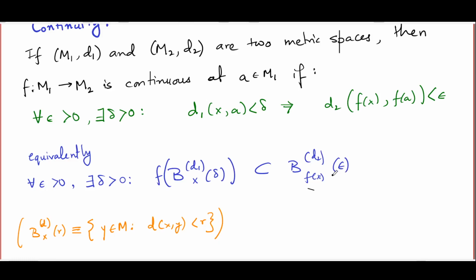Of course, this open ball has to be according to the metric d2. And just to remind you, the open ball here is a direct generalization of the notion of the interval on the real line.